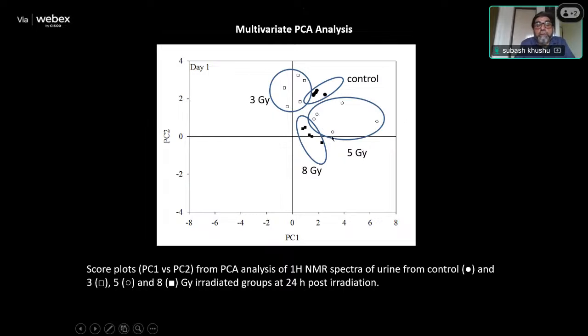So within a day in urine, though blood takes 3 to 5 days to show the reflection of that radiation exposure, in urine within 1 day you are able to see it. So within 1 day, if you subject these samples to NMR spectroscopy, you can find out immediately who are the people who have received different doses of radiation.